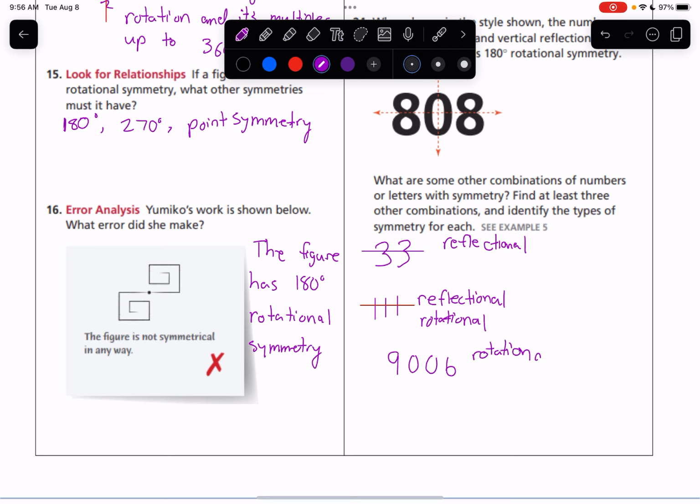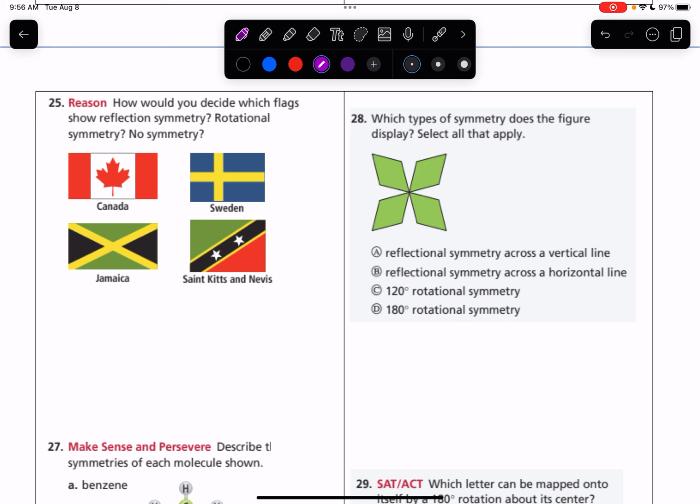Number 25, how would you decide which flags show reflectional symmetry, rotational symmetry, and no symmetry? So we could just write down which ones have what. So reflectional, which ones have reflectional? Well, Canada has reflectional symmetry.